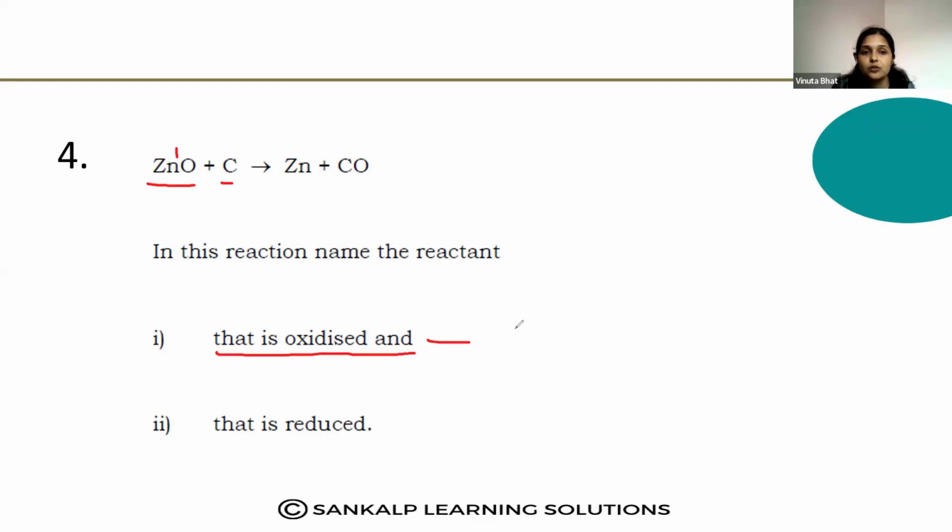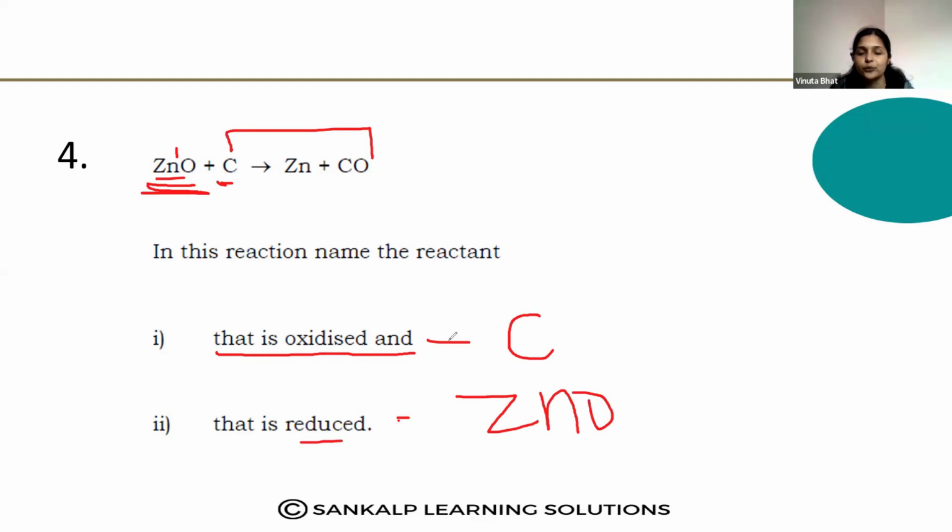The reactant which is oxidized is carbon, because it gains oxygen and becomes carbon monoxide. Zinc oxide is reduced and it forms zinc. So, the reactant that is oxidized is carbon, and that is reduced is zinc oxide. Okay, so this is a 2-mark question.